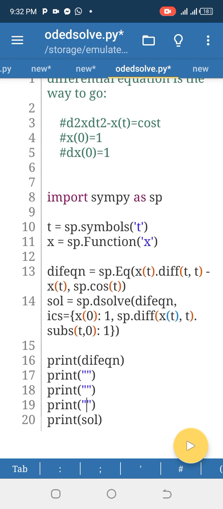The key is x, at the point where t is equal to 0 or at a particular value, and the value that we get out of that key is going to be 1. The same thing, we define the dx dt, which gives us the first derivative of x, and then it gives us the value at a particular value of t.